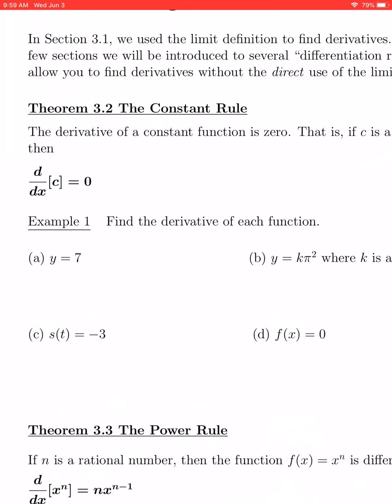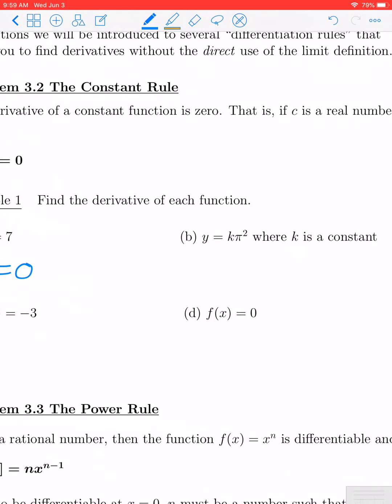If we look at the following example, number 1, if we have the function y equals 7, then its derivative would simply be equal to 0. If we have y equals k times pi squared, where k is some constant, we know that pi is a constant, therefore so is pi squared, and any constant times another constant would still produce a constant.